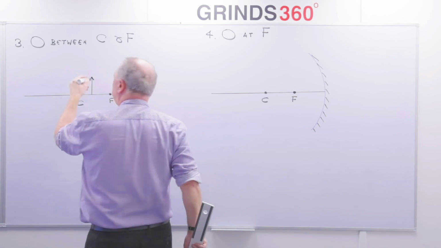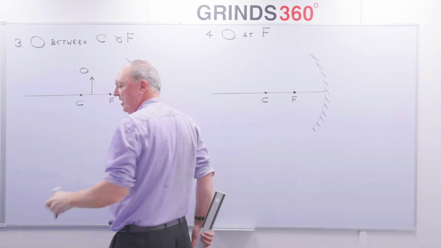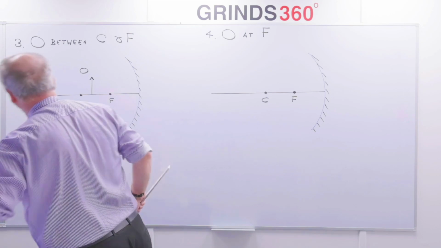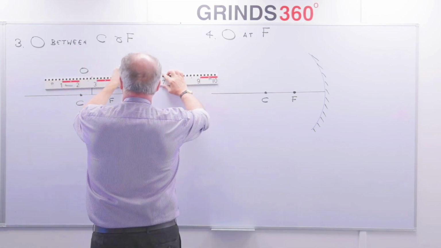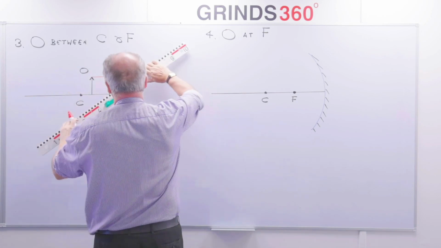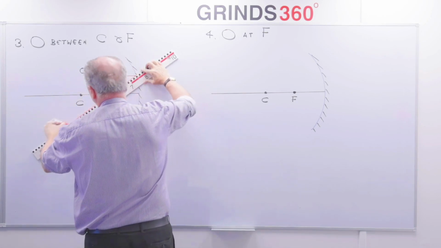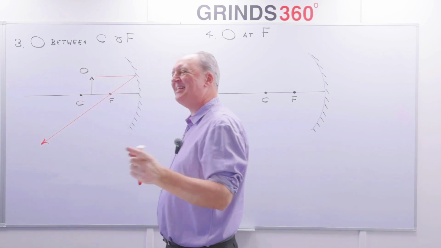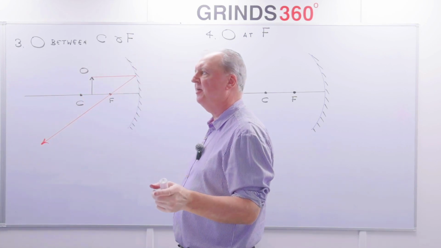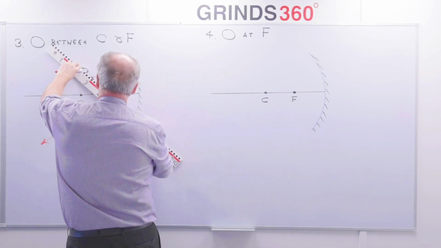I'll take the same two construction rays, ray A and ray B. So ray of light parallel to the principal axis from the tip of the arrow. Where does it go? Well, it goes out through the focus, goes down through the focus. And what's my second construction ray? A ray of light from the tip of the arrow through the focus.